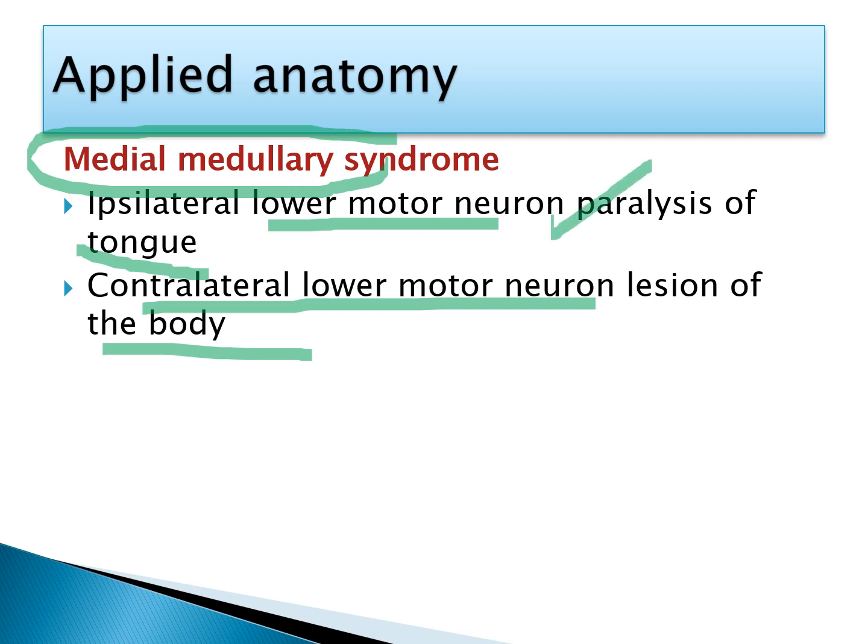What nerve supplies the tongue? The hypoglossal nerve. So what is affected in this? The pyramid and hypoglossal nerve. So that is called medial medullary syndrome. I have given one answer, medial medullary. Similarly, you look over the lateral medullary syndrome also.